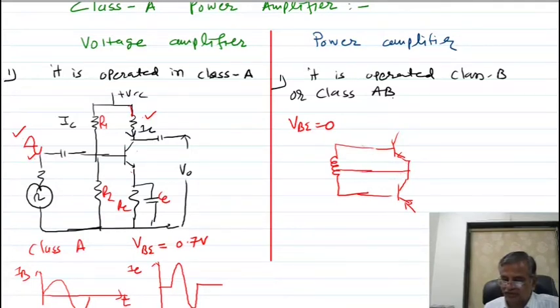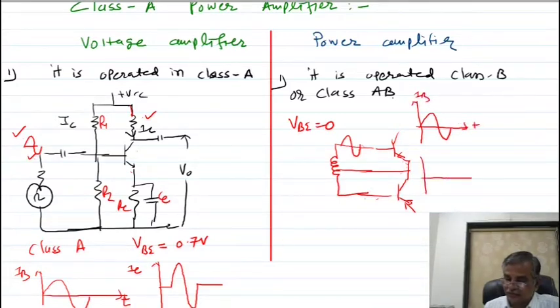Base emitter is short circuited, so VB voltage is 0. When VB voltage is 0, as I apply the signal, the collector current flows only for the positive half with time. For a PNP transistor, current will flow only for the negative half of the cycle.